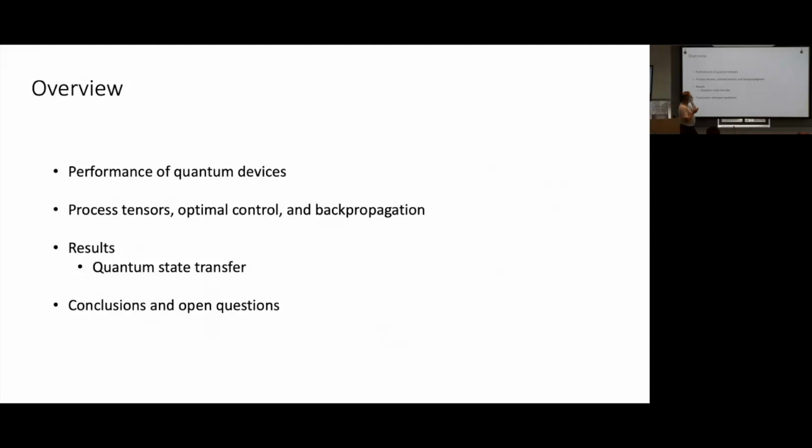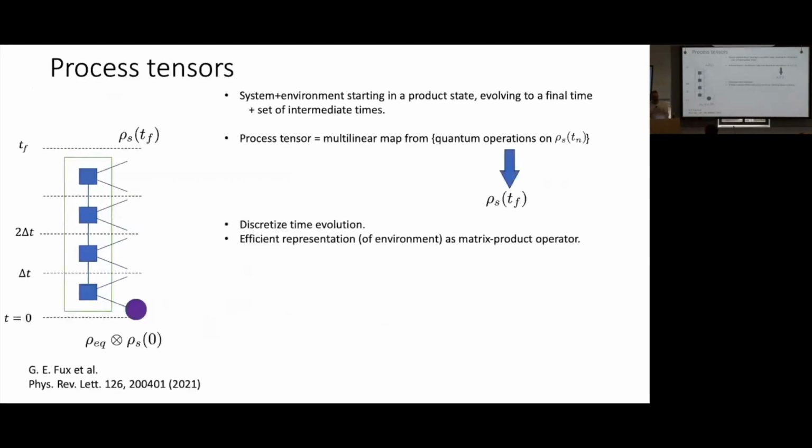Okay, so let me come on and talk about the method for doing optimal control using these process tensors. To start off, let me clarify the particular kind of process tensor I'm using and give you the diagrammatics I'm going to use, because this is essential for the backpropagation algorithm.